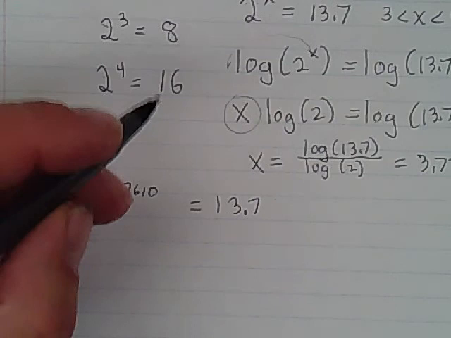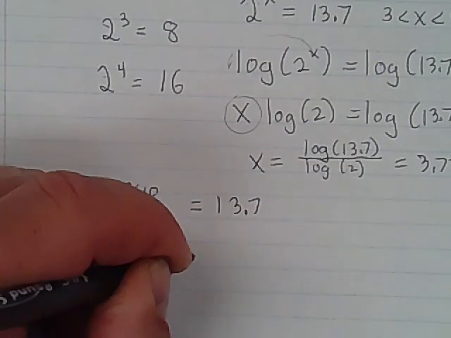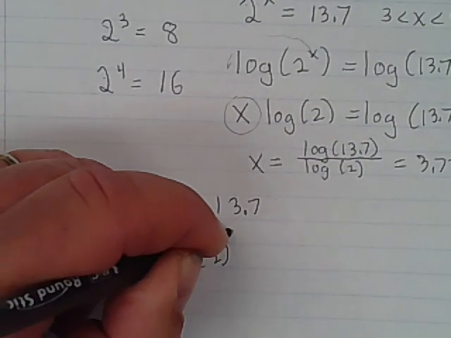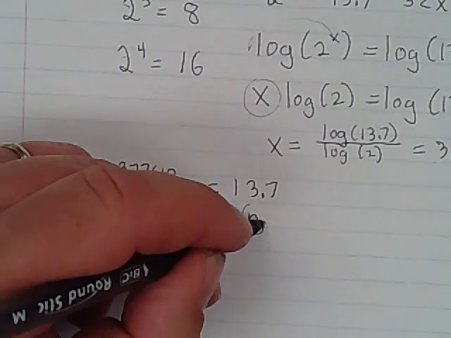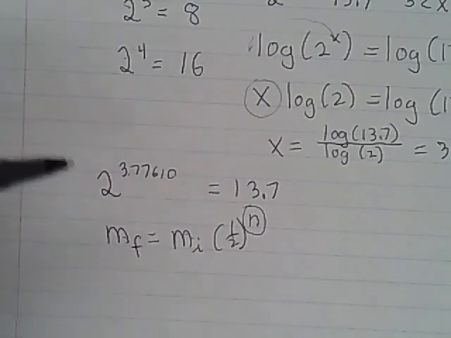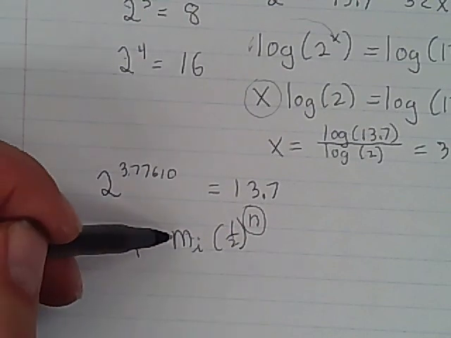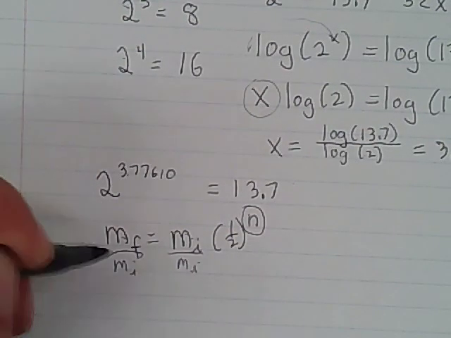Great. Back to half-lives. The final mass is equal to the initial mass times 1/2 raised to the number of half-lives. To solve for the number of half-lives, if we know the initial and final mass, I would first divide both sides by the initial mass.